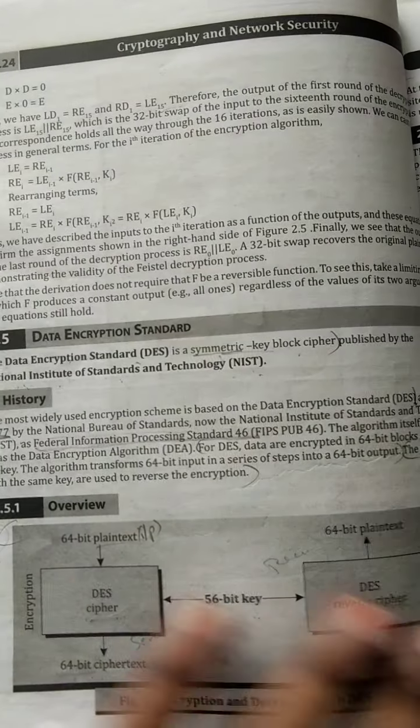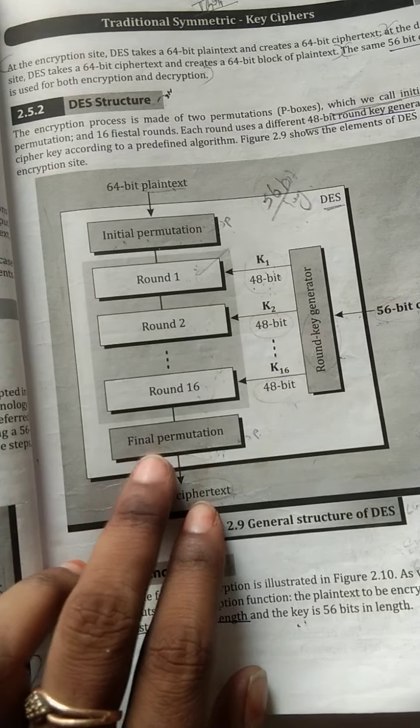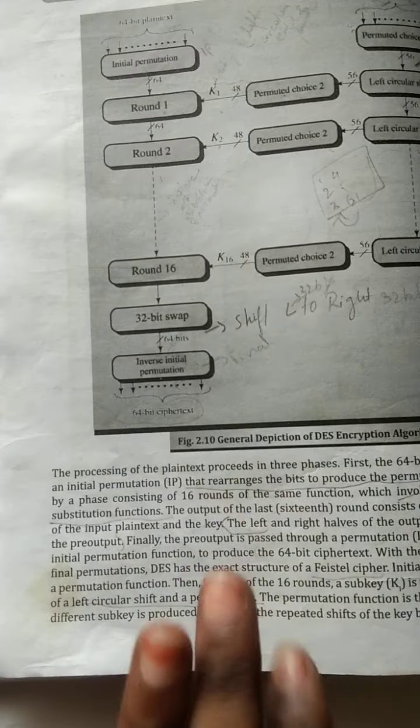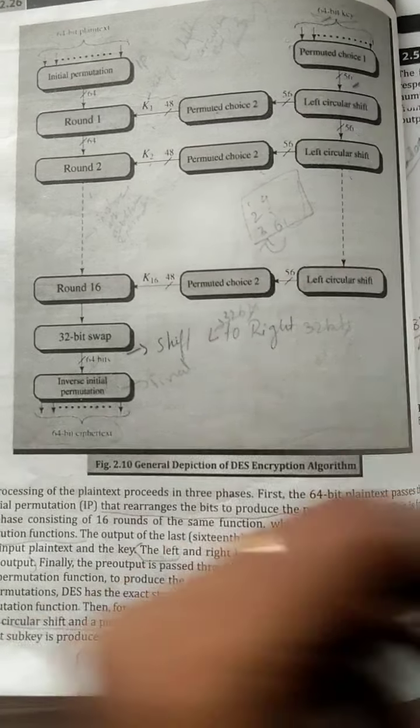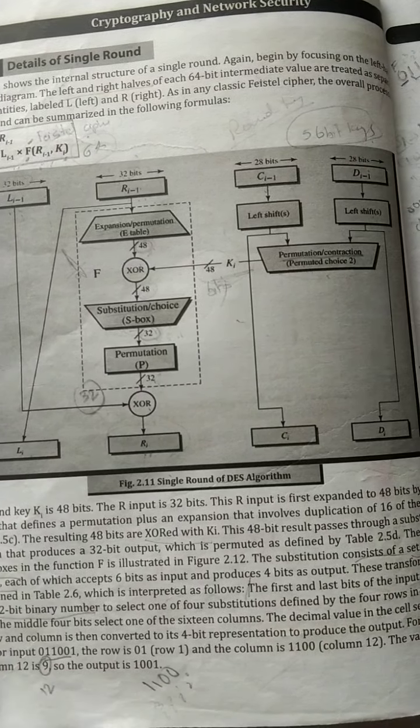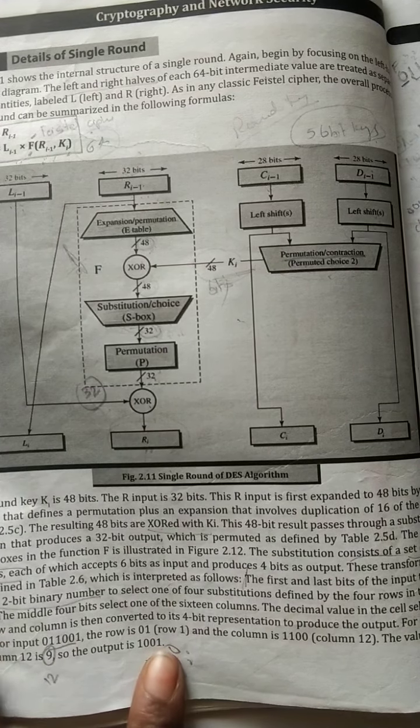This is a general depiction of the algorithm, and this is a single round structure. Don't confuse it with this; all the things are the same. This is the inner part of the same algorithm, one round they are explaining here.